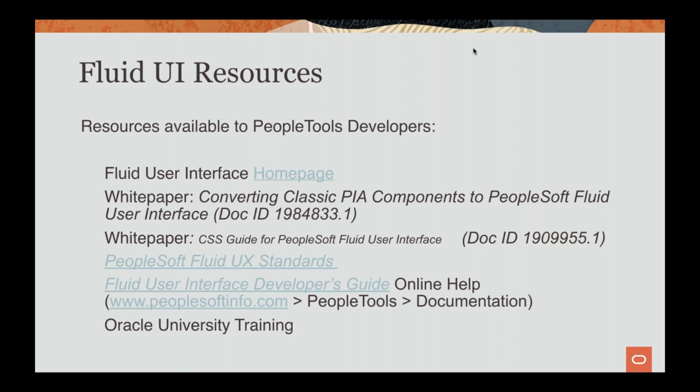So where next? What do I need to know more about this? Where can I go to find this? Well, within our own PeopleTools area, we have the development area. We do have a white paper all about the direction of fluid, what it is, what it's going to look like.